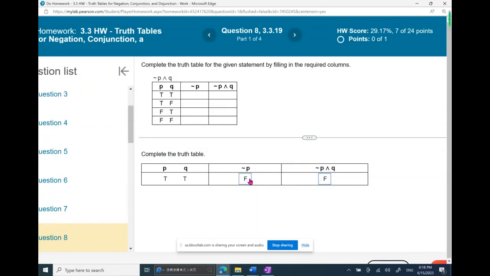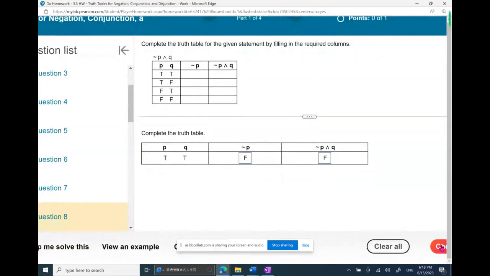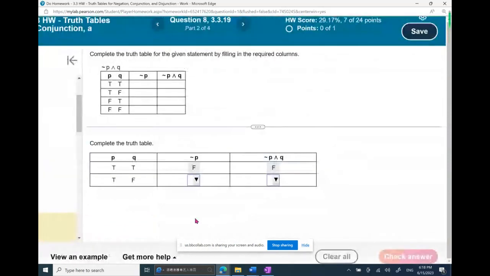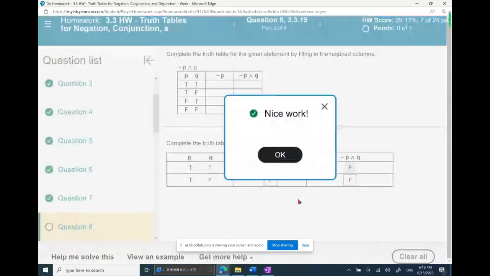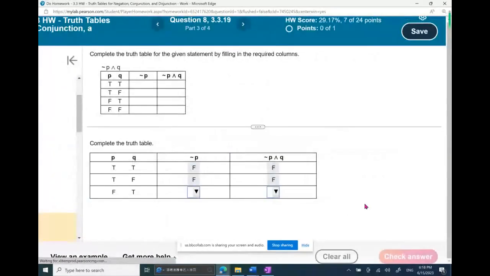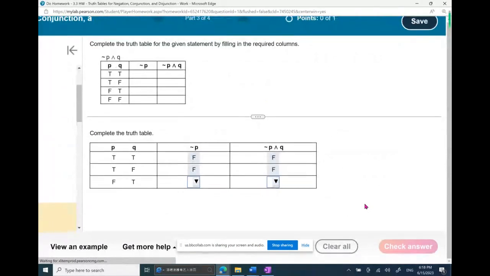Even if just one component is false, the conjunction is false. And you continue. When P is T, not P is false. When both components are false, of course, the conjunction is false. Right? So far, so good?